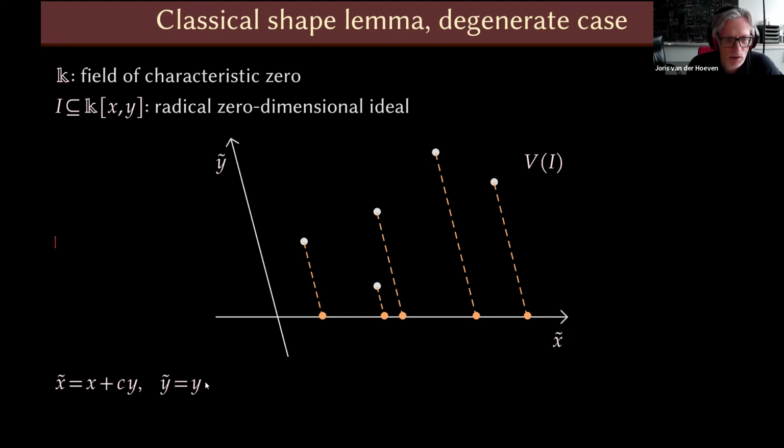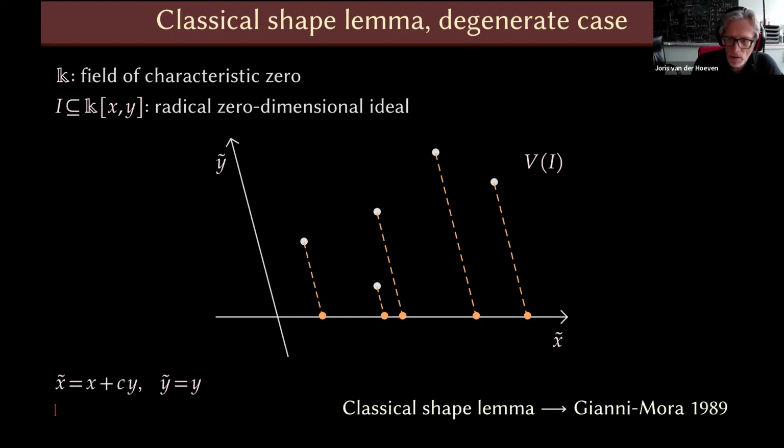The y coordinate remains the same. The x coordinate is just an affine transformation that we see here. And the classical shape lemma basically states that this is always possible, and that radical zero-dimensional ideals are described like this.